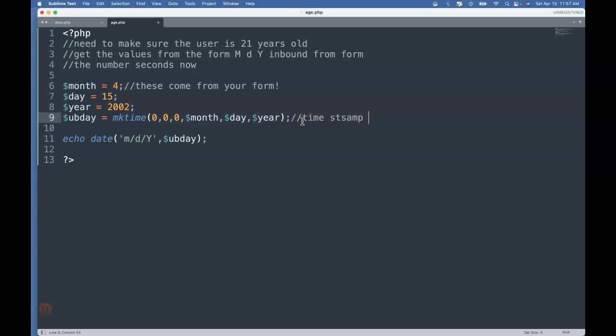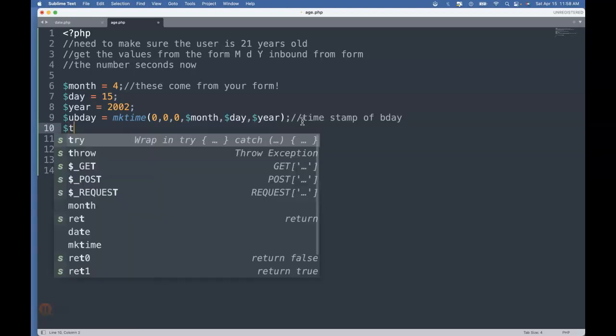What we are concerned about is the timestamp of the birthday. We want to make sure that the number of seconds between 2002, the user's birthday, and today is 21 years worth of seconds or more.